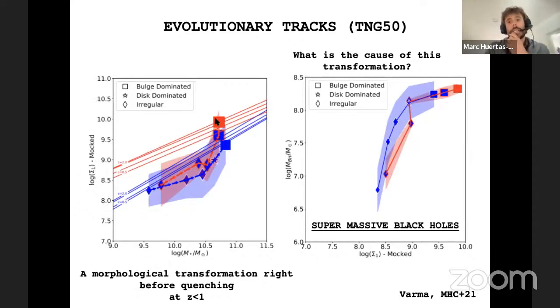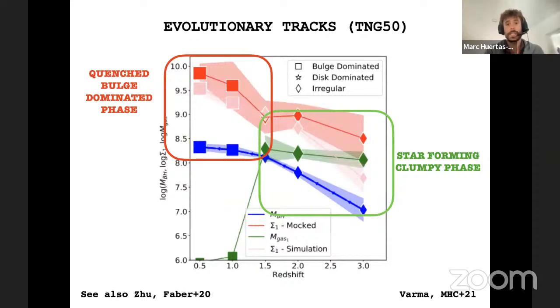So why is the central density increasing at that particular moment? This is a good question, and you can summarize it in this plot. I'm showing again the same thing, a bit complicated, but now as a function of redshift, and these lines show different quantities: the central density sigma-1, the black hole mass, and the gas mass in the center.